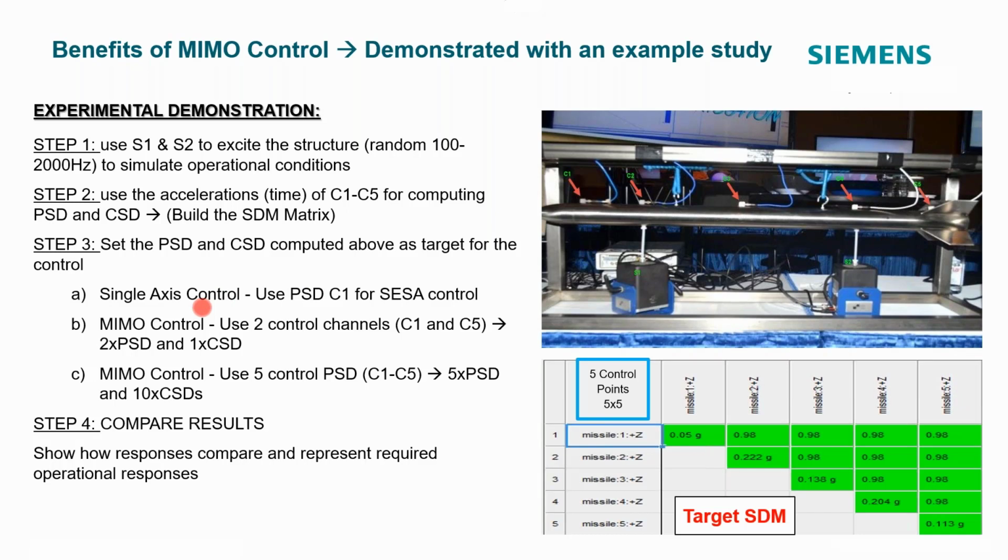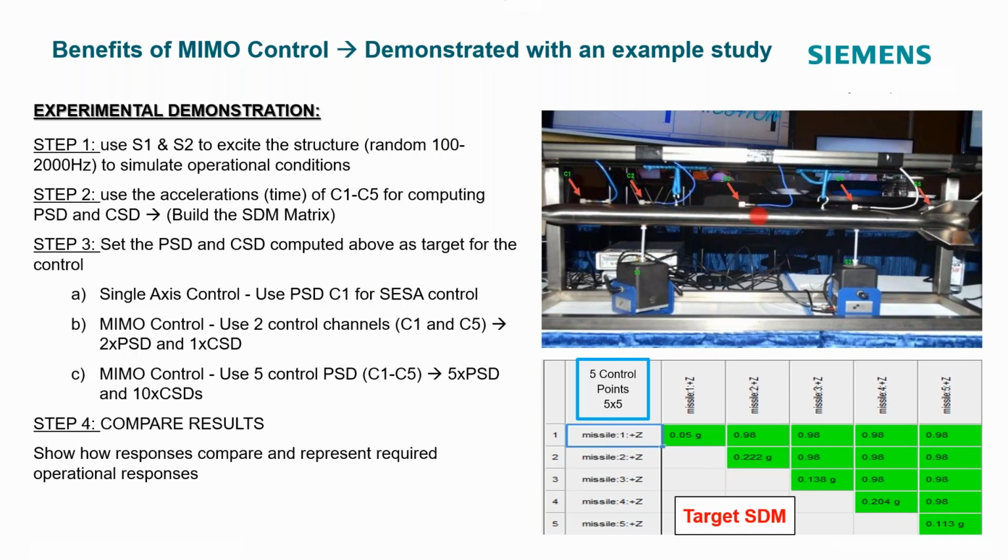Now, to show the concepts here and the benefits of multi-axis control, we'll first of all do a single axis control. And this is kind of in a way going to show some weakness in the single axis control scenario. So we use that PSD from channel 1, and we're going to use shaker 1 to do a closed loop control just between shaker 1 and control point 1.